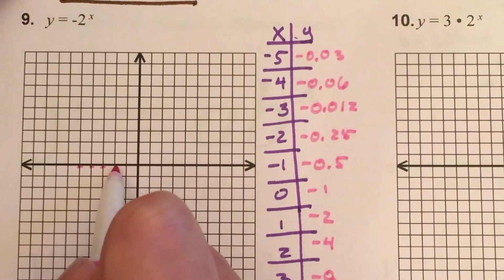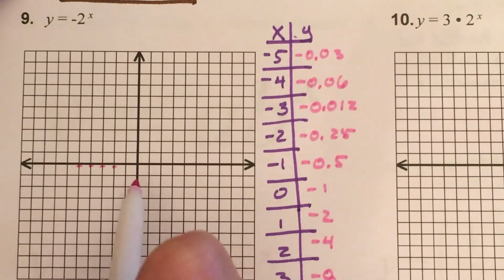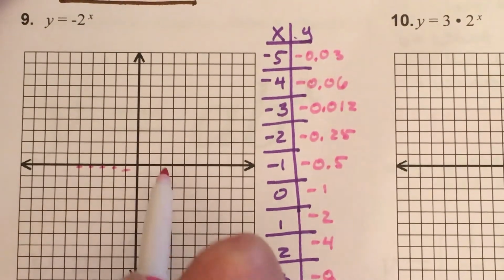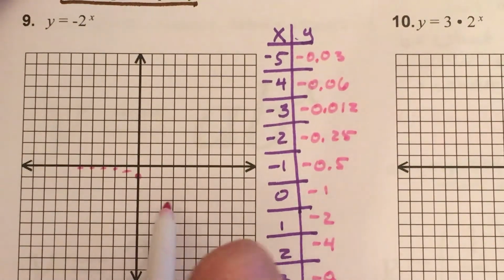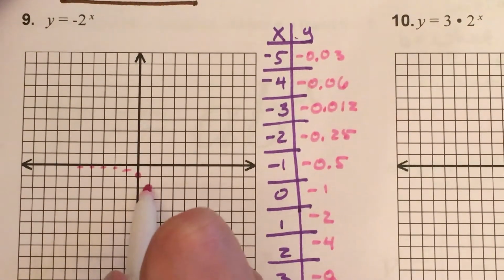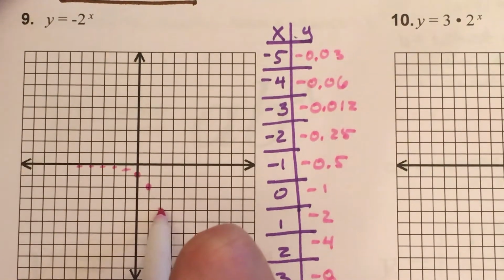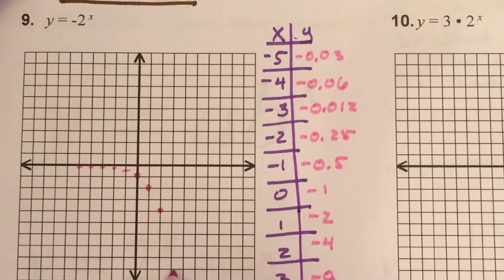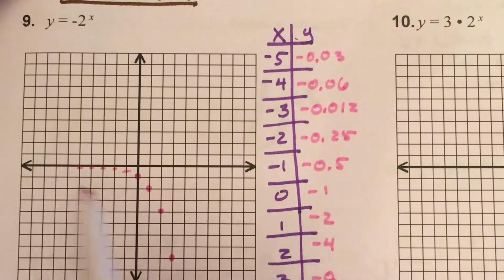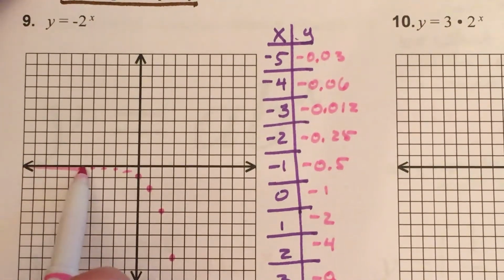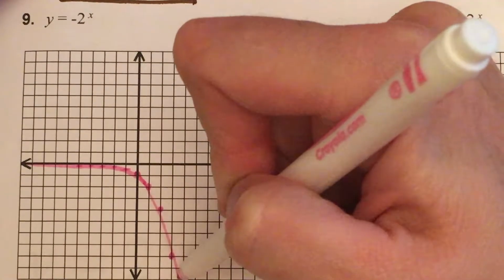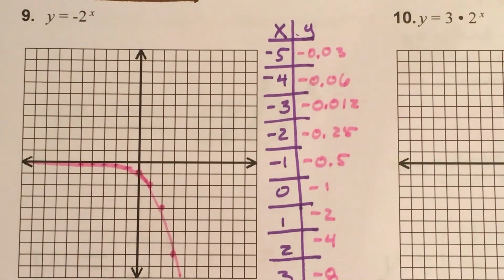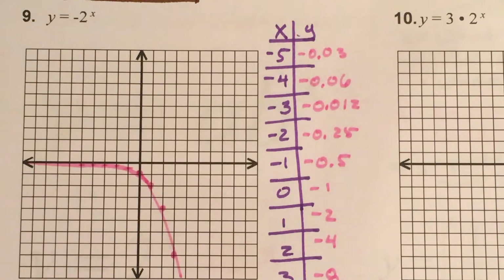Negative 2, down 25 cents. Negative 1, down 50 cents. 0, down a full $1. And now things will start making real numbers that we understand. So here's your curve. That was pretty great. That was pretty easy.